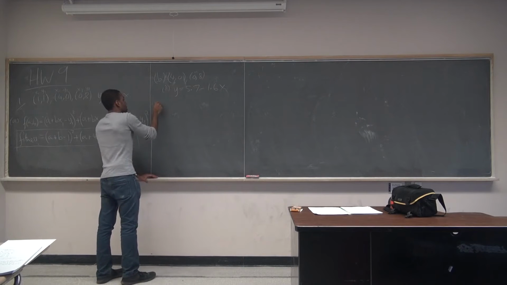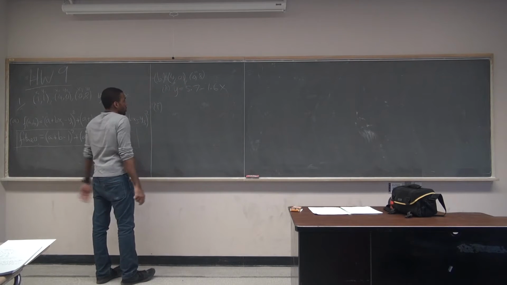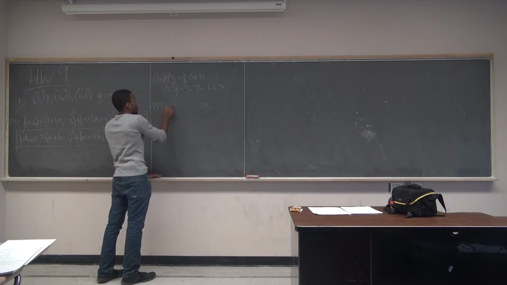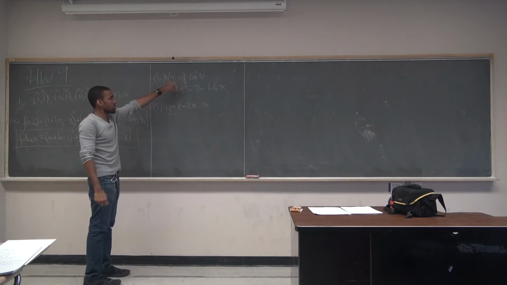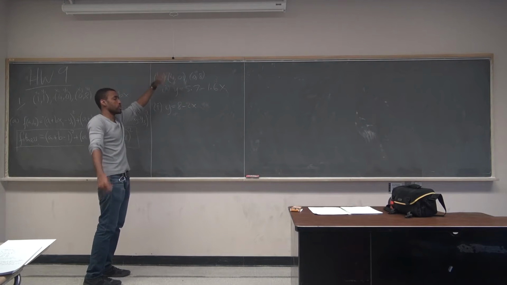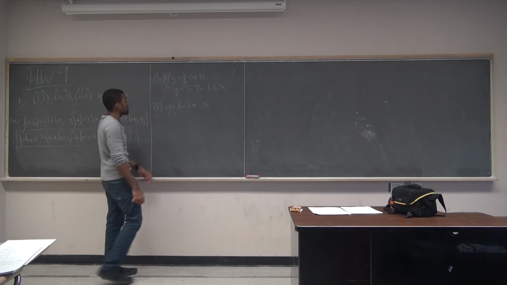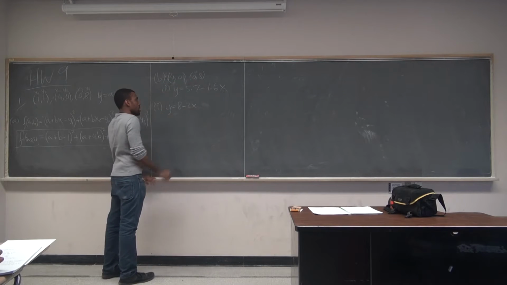Okay, so let's look at the first one. First of all, we have to find the equation of the line, which would be y equals 8 minus 2x. Right, so you do the slope formula, y2 minus y1 over x2 minus x1, and you find the y-intercept. If my x is 4, my y value would be 0, and if my x value is 0, my y value would be 8, so this is the line.